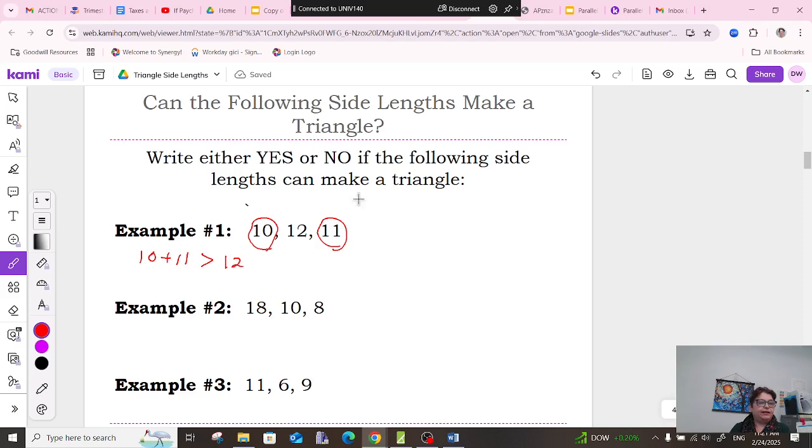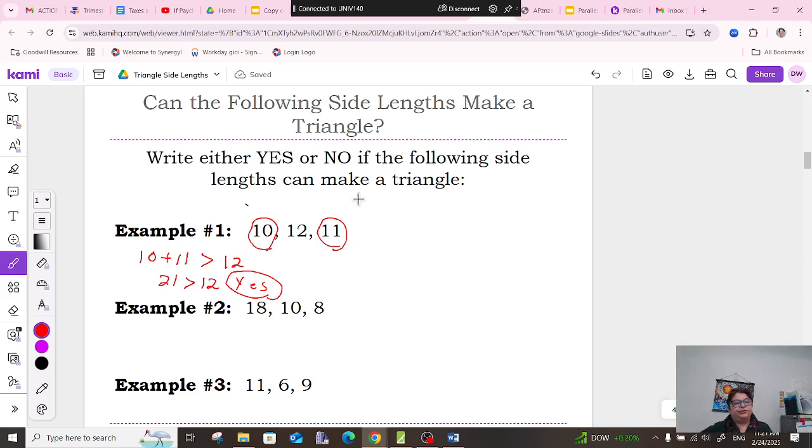If it's bigger, then you say, yes, it will make a triangle. If it is not bigger or greater, then you'd say, no, it does not make a triangle. So is 21 greater than 12? Yes. So will this make a triangle? Yes, it makes a triangle.